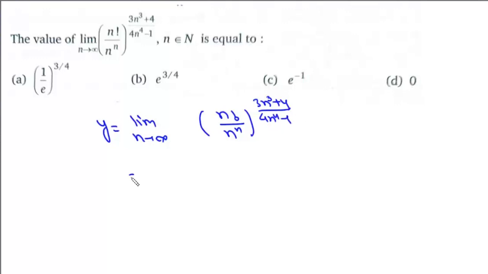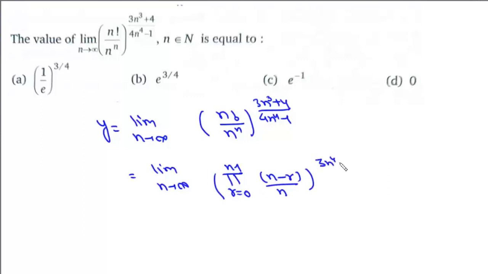Now what we'll do is write this as the limit as n tends to infinity of the product, r varies from 0 to n minus 1, of ((n minus r) upon n) to the power, and here also we'll multiply and divide with n, so it will be (3n^4 + 4n) upon (4n^4 minus 1) into 1 by n.